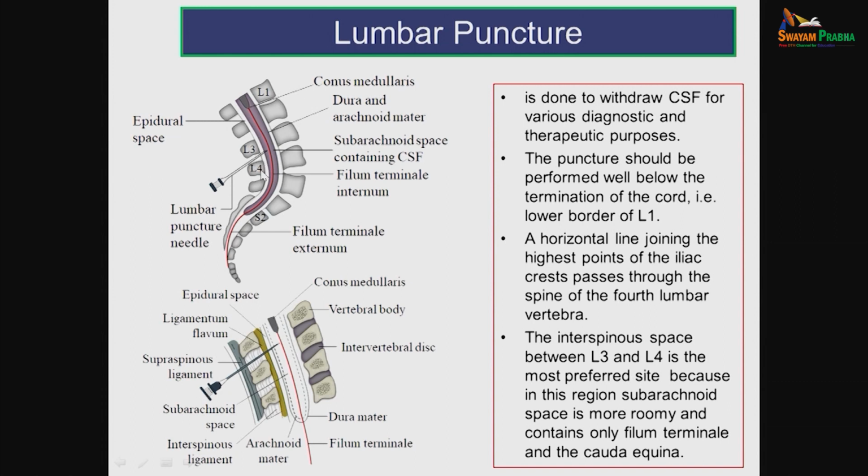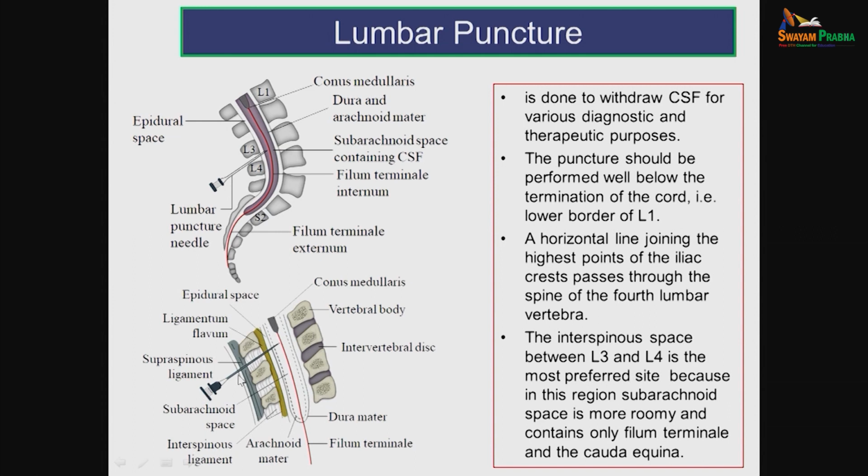So, you can see in the picture above that the needle is inserted in the interspinous space between L3 and L4. Because in this space, if you insert and go to the subarachnoid space, the subarachnoid space is roomy. It only contains filum terminale and cauda equina. Once you put the needle into the interspinous space, you will be piercing various structures. Look at the picture below.